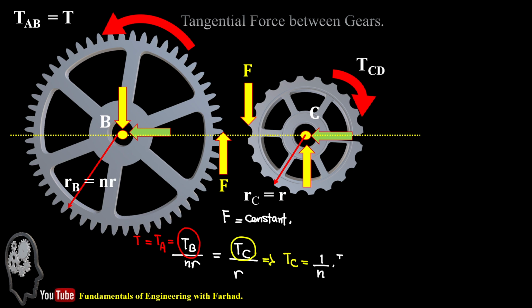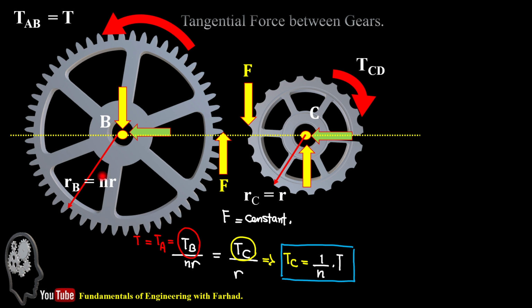Then we can have the relation between T_C and T, which applies to T_AB or T_A: the same amount of torsion is transmitted to gear B from the solid shaft A. And this is the relation between T_B and T_C based off the unique tangential force between them.